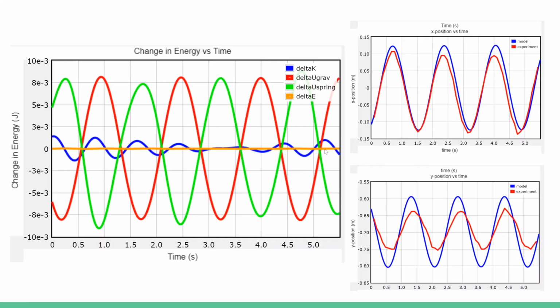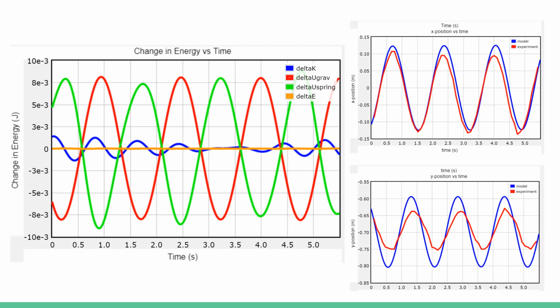All right, so on the right here, we have the difference between the model and the experiment position of X and Y. In blue is the model and red is the experiment. They're both similar, but the experiment isn't as perfectly smooth. In the case of the Y position, it's not necessarily as tall and doesn't have the same amplitude as the model.